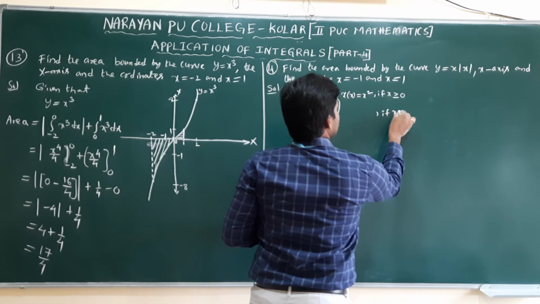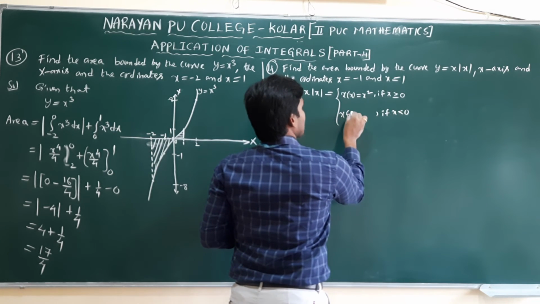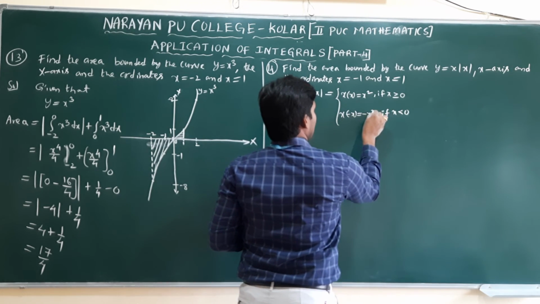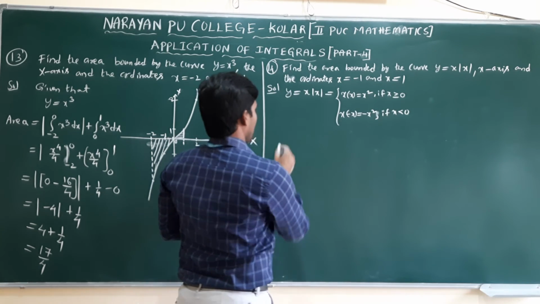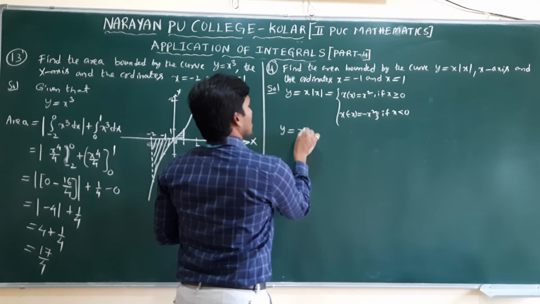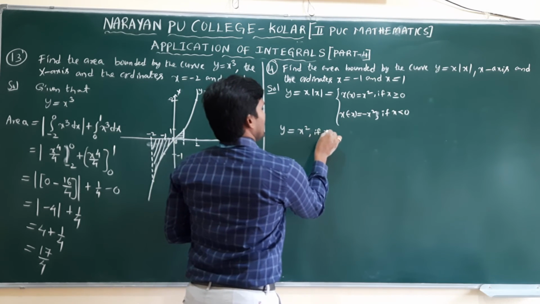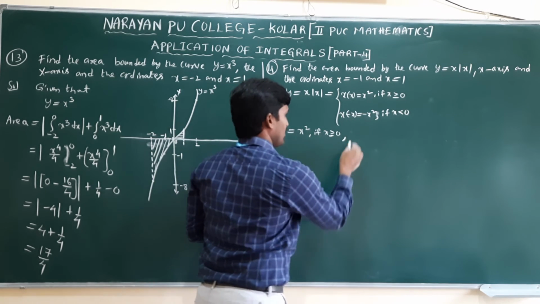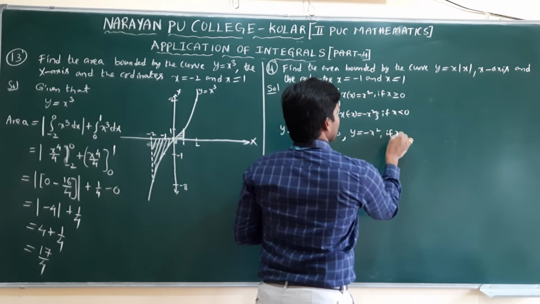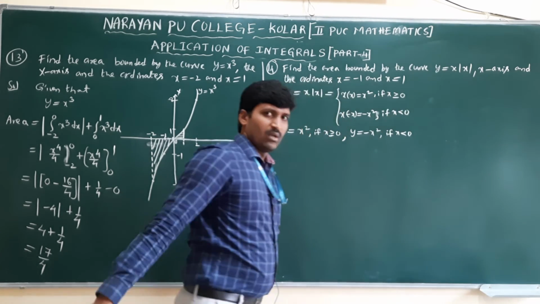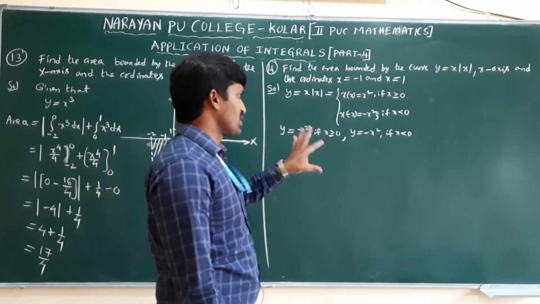If x is less than 0, mod x becomes minus x, that is minus x square. Here two curves are there: y equal to x square if x is greater than or equal to 0, and y equal to minus x square if x is less than 0. Based on these two conditions, we need to draw the graph.